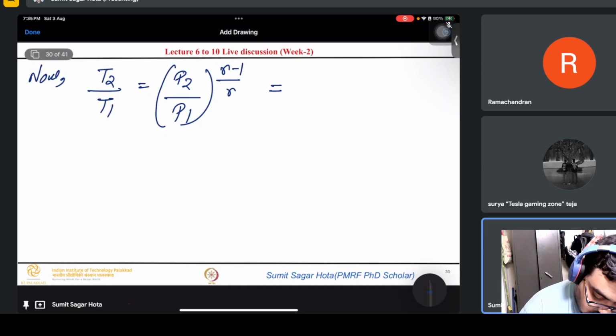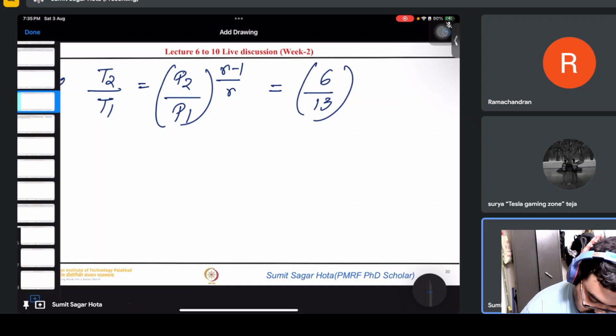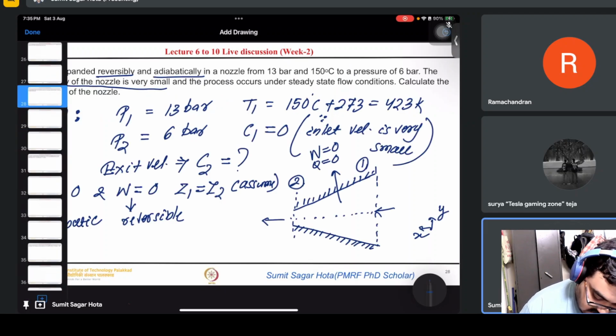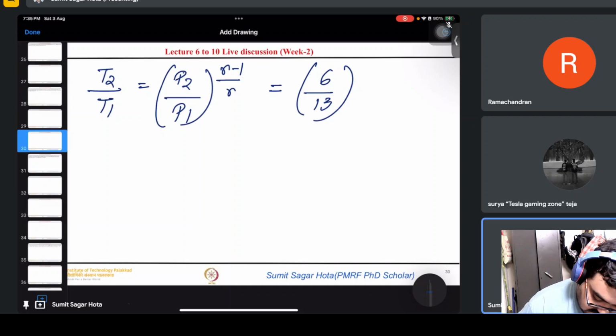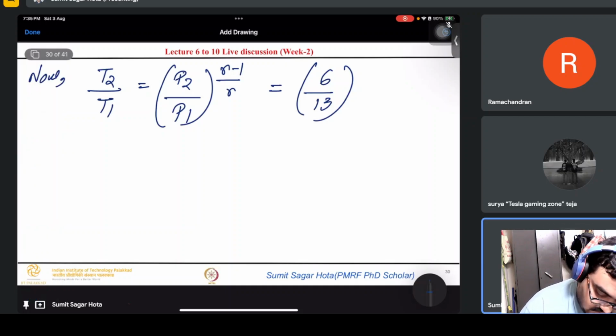So here 6 by 13, we can see 6 bar and 13 bar are given. They just substituted gamma 1.4, minus 1, divided by 1.4. This value comes out to be 0.8013.